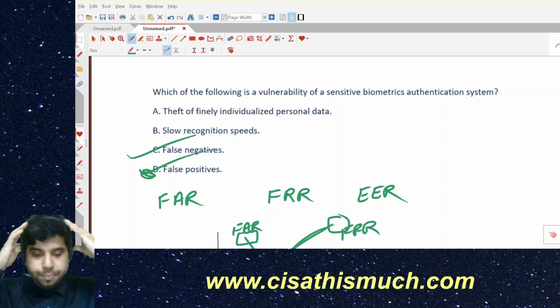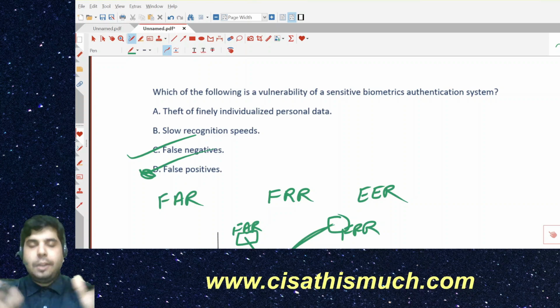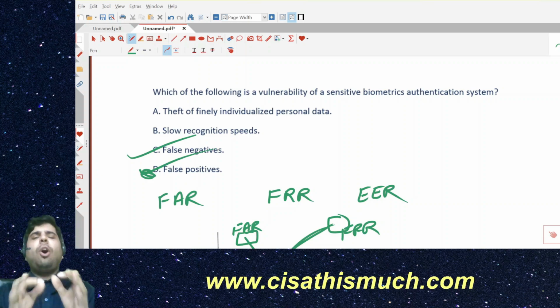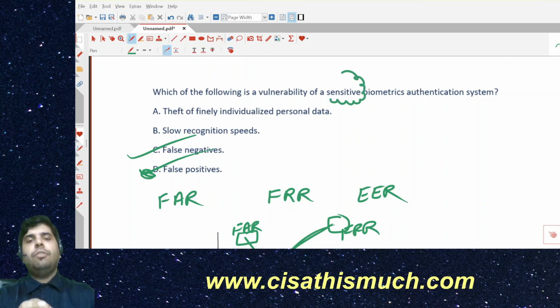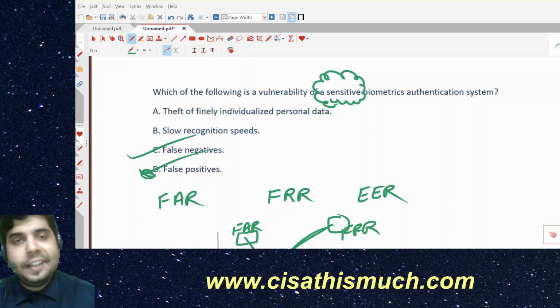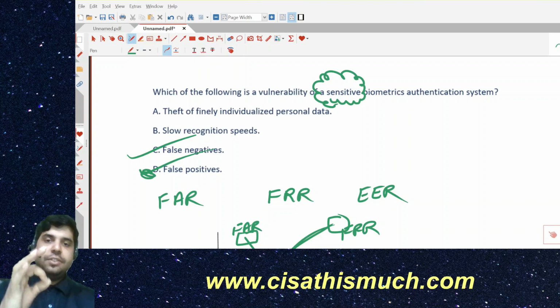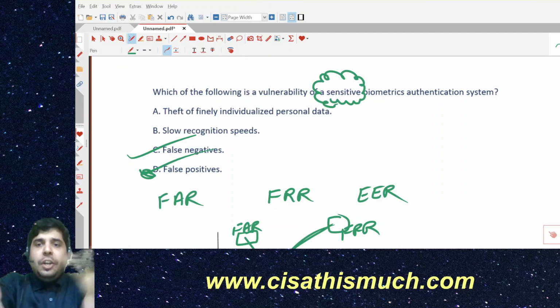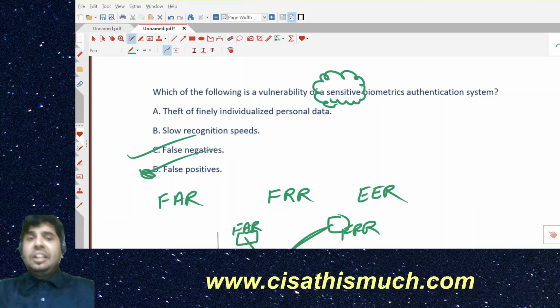Now let's read this question again. Which of the following is a vulnerability of a sensitive biometric authentication system? The question is not talking about an ordinary biometric authentication system, but a sensitive one.